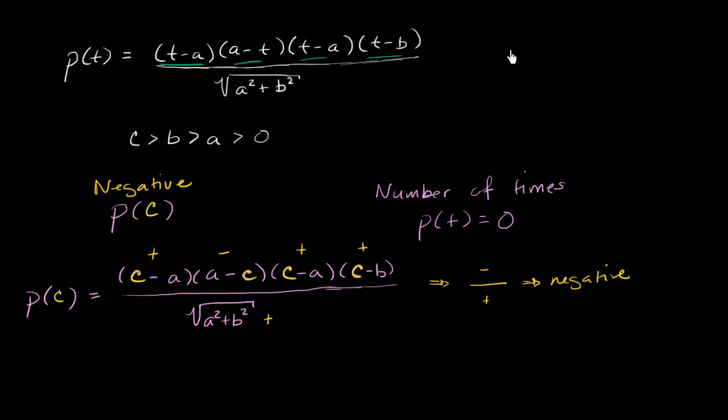This will be 0 if t is equal to a. This would also be 0 if t is equal to a. And this would also be 0 if t is equal to a. And this would be 0 if t is equal to b. So there are two values of t that will make this numerator equal 0: t equals a or t equals b. So there's 2 times. The number of times that p of t is equal to 0 is 2.